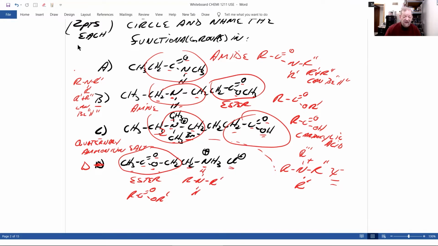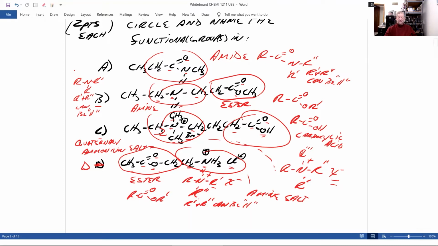And this is an amine salt, where R prime and R double prime can be hydrogen. In this case, one of those R prime and also R double prime are hydrogens.